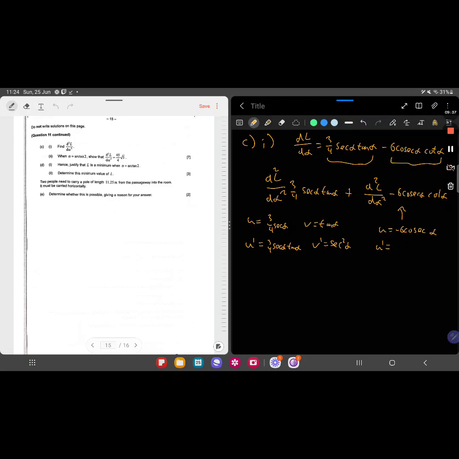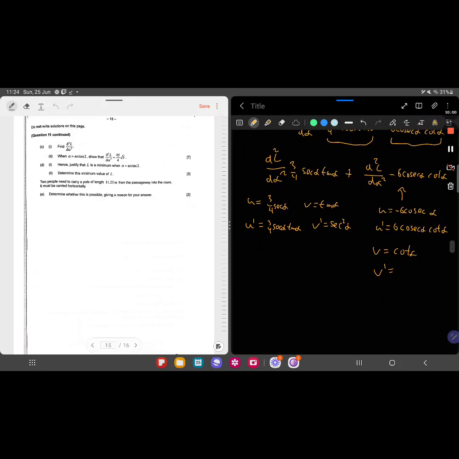Sorry, this screen is so small, I tried to fit everything in. This is such a long equation.